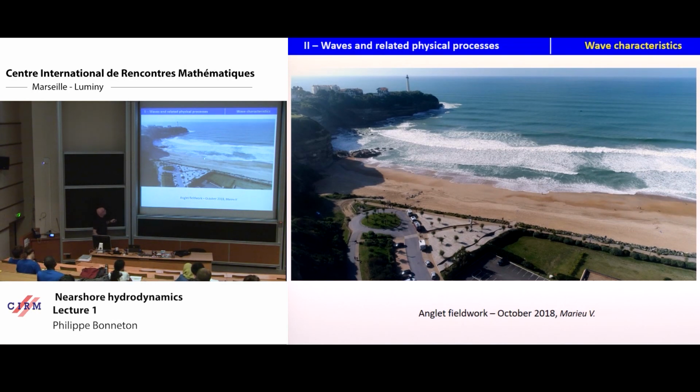So, just an illustration of these different processes. Waves are propagating. You can see here that the wave amplitude is increasing. Here is the beginning of the onset of breaking, and then propagation of such a bore.